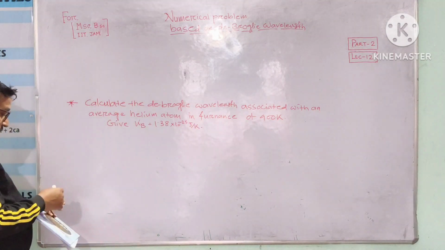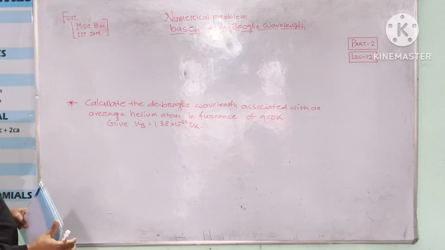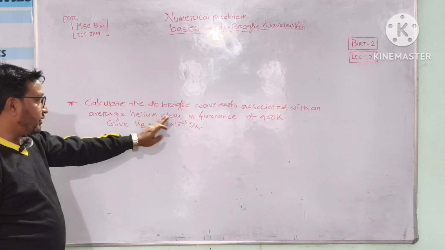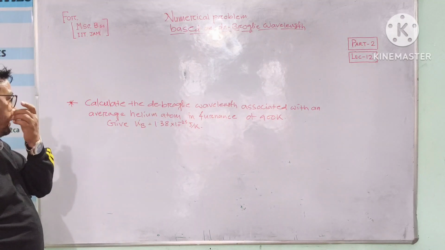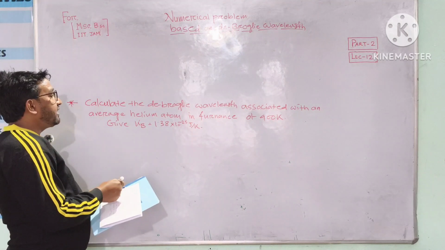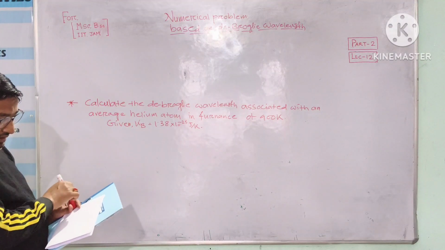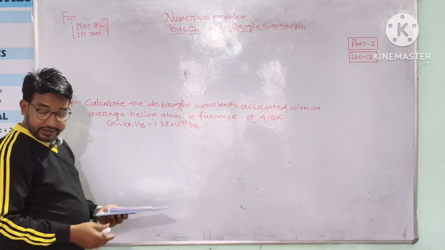So the statement of this question: calculate the de Broglie wavelength associated with an average helium atom in a furnace of 400 Kelvin, given kB, that means Boltzmann constant, equal to 1.38 into 10 to the power minus 23 joule per Kelvin.